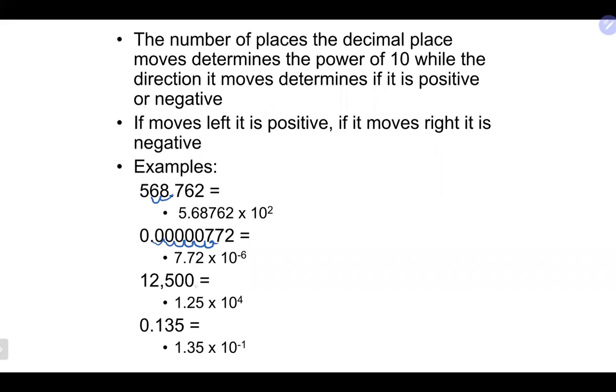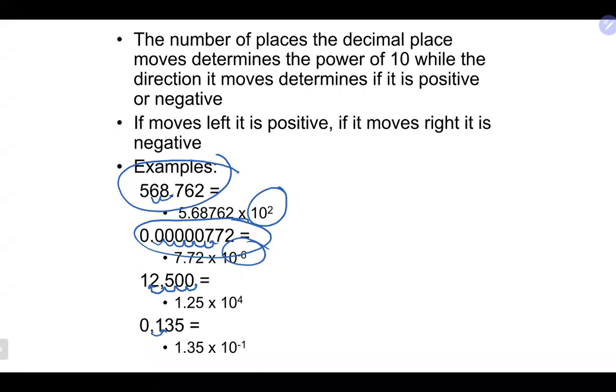No decimal written, but assumed here. So we would go 1, 2, 3, 4 places to get there. And lastly, just 1 place here to get a number between 1 and 10. Once again, larger numbers, positive exponents; smaller numbers below 1, negative exponents.